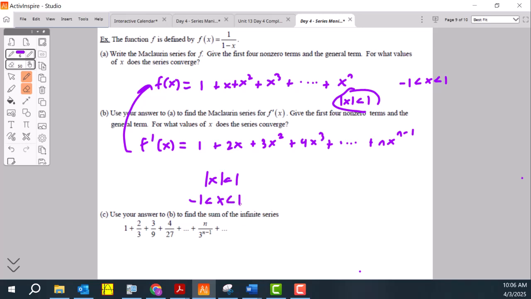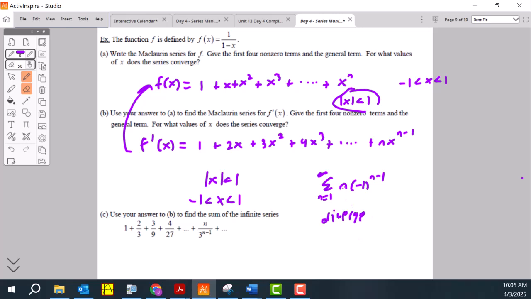The issue is, where in the first one we did not have to check the endpoints because it was geometric, since this one is not geometric, we have to recheck the endpoints to make sure it doesn't converge at the endpoints. So we have the sum from n equals 1 to infinity of n times negative 1 to the n minus 1. Well, this is going to diverge by the alternating series test.